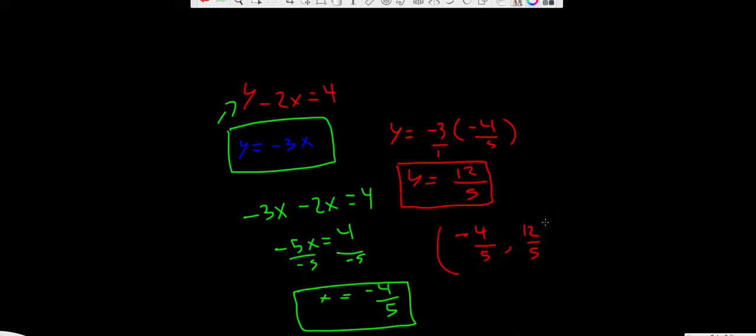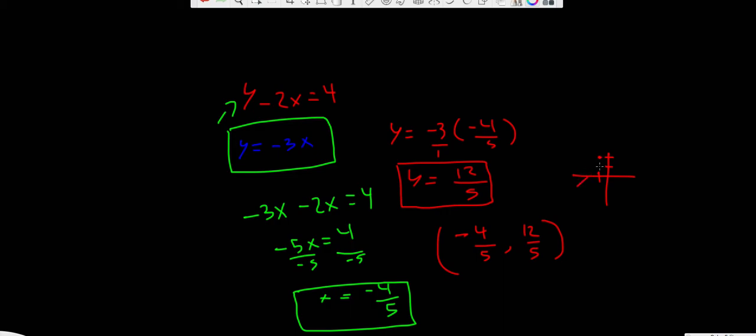And it's always good to estimate and get a little bit of intuition on what this means. So negative 4/5 is around negative 1, and then 12 over 5 is around 2.2 or so. So they intersect somewhere around here.